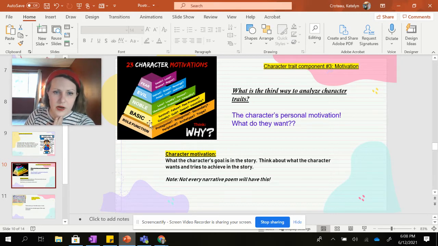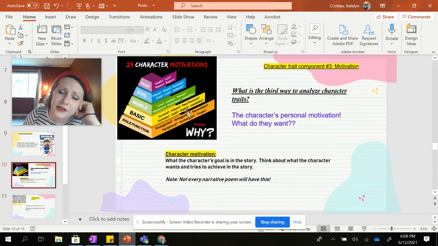What is their goal? Is it to survive? Is it that they're motivated by failure? Maybe they failed in the past and now they're like, I don't want to fail again. So that motivates them forward. Maybe it's peer pressure. Maybe they're just curious. Perhaps they're guilty about something. Maybe it's desire.